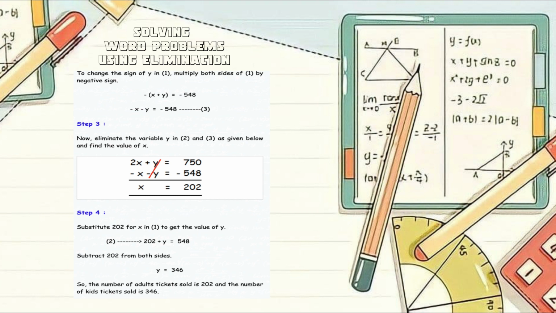Substitute 202 for x in number 1 to get the value of y. So here we have number 1, 202 plus y is equals to 548. We're going to subtract 202 from both sides. So we're going to get y is equals to 346 because 548 minus 202 is 346. So the number of adult tickets sold is 202 and the number of kids tickets sold is 346.